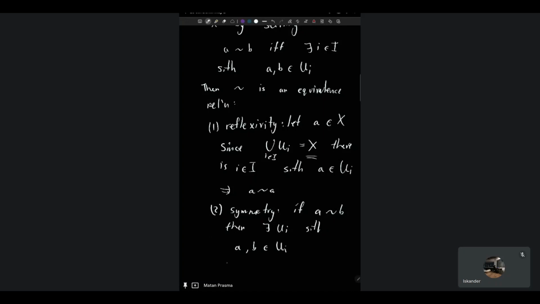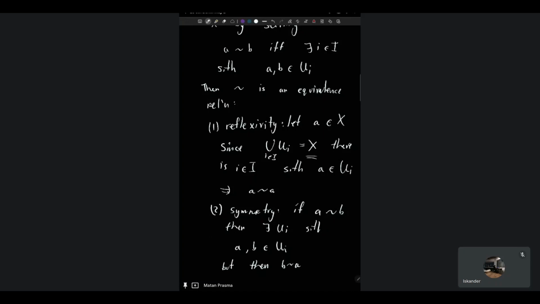But then obviously b is equivalent to a. The relation we defined is immediately symmetric.